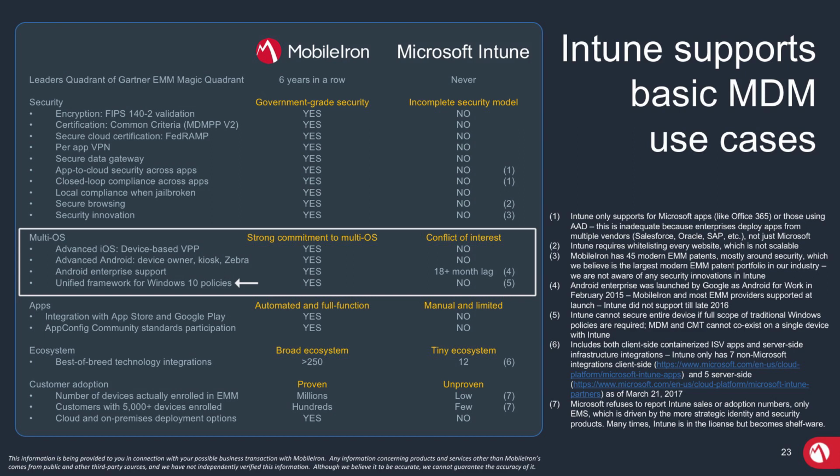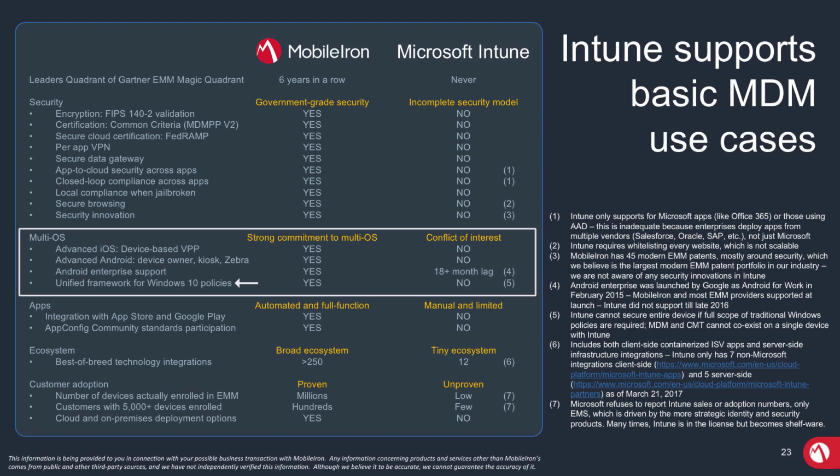Intune and System Center, which of course is the main product that many customers use for traditional CMT client management on Windows, need to coexist because the functionalities are different. So if I use Intune for a certain set of EMM capabilities, that's fine, but then I may have other capabilities, other policies I need to apply to the device.